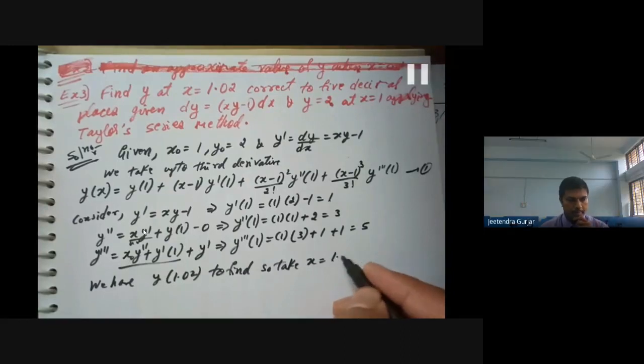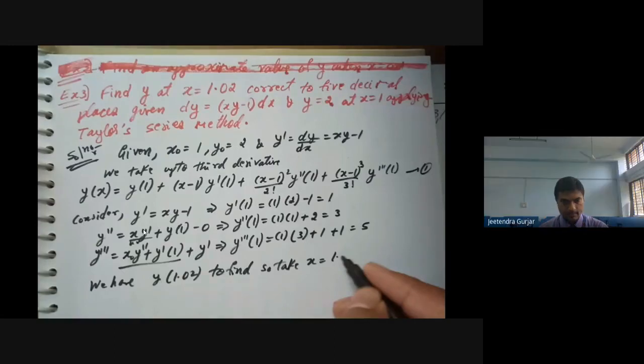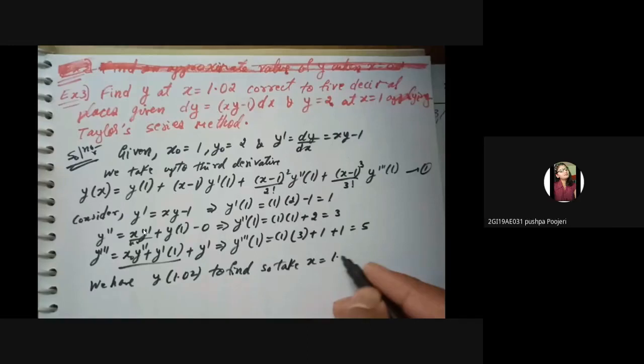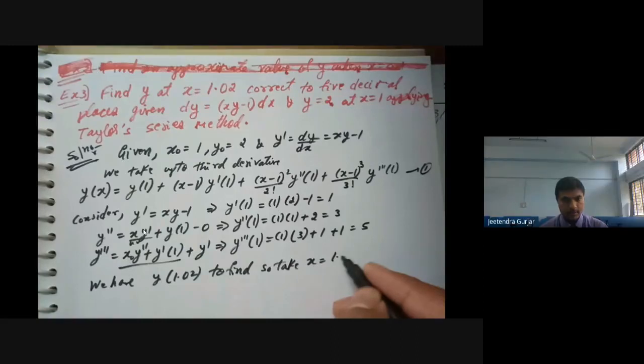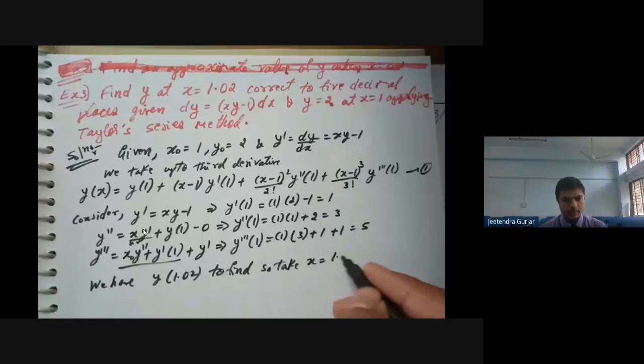Sir, it is with respect to x. So y will be constant with respect to x. There's a differentiation of y with respect to x, no? Yes, that is for partial differentiation. So you should keep y as constant, you're keeping x as constant here. I have differentiated x also. It is 1.